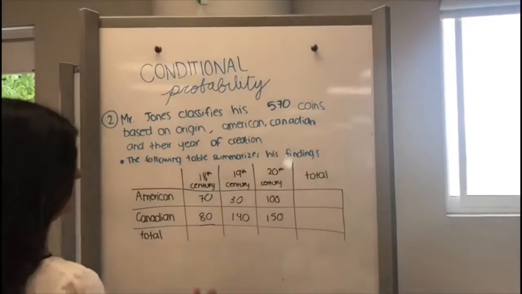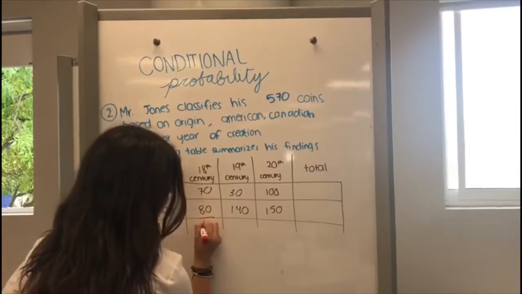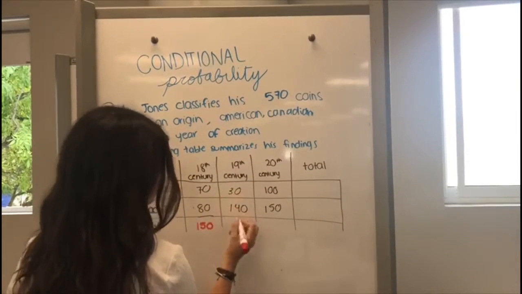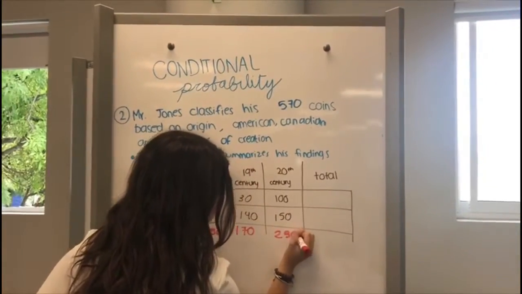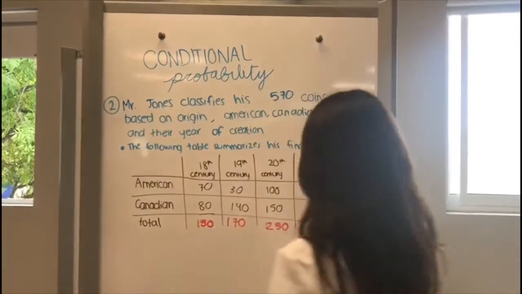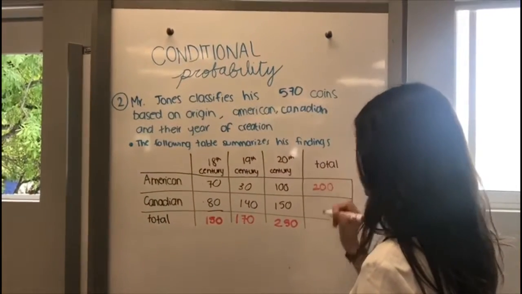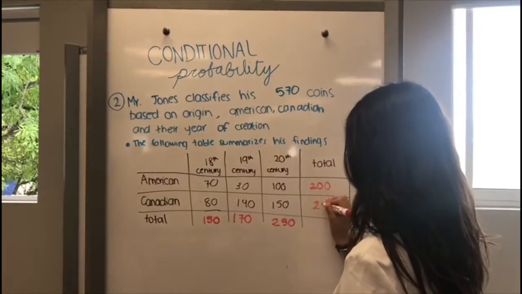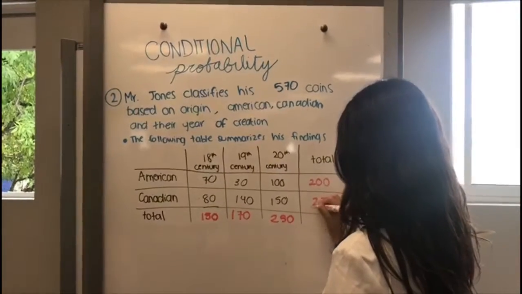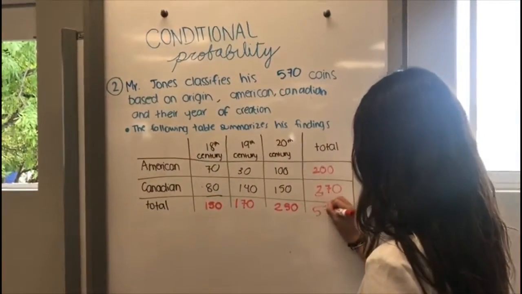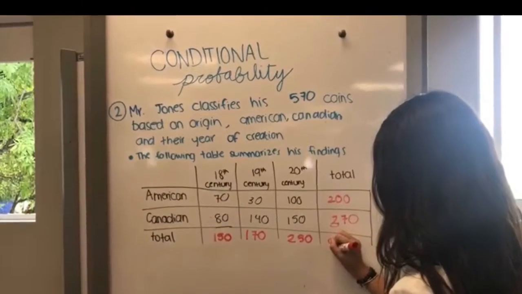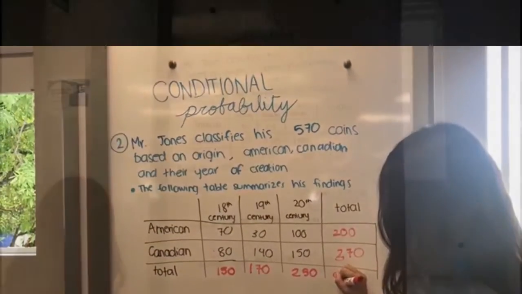So we start to add all of it up. 70 plus 80 is 150, 30 plus 140 is 170, 100 plus 150 is 250. And now we add the centuries, which is 70 plus 30 plus 100, which is 200, and 80 plus 140 and 150 is 370. And that all sums up to 570 coins.